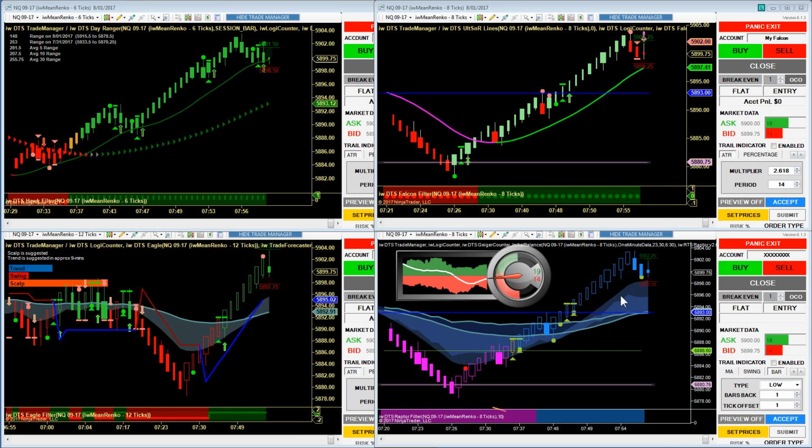So they're going to try to reverse back to the hard edge here and hopefully come out of here with a buy signal. But that could take a little while. It may not even develop until the afternoon session.